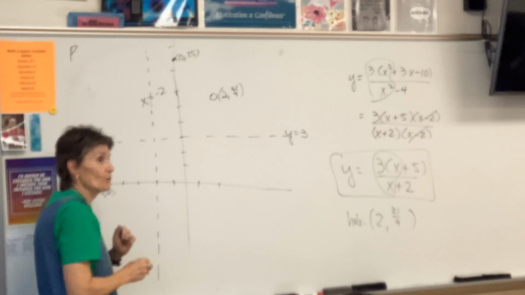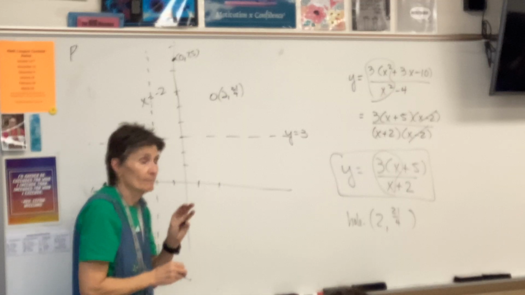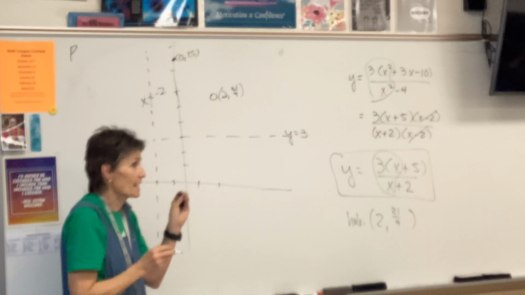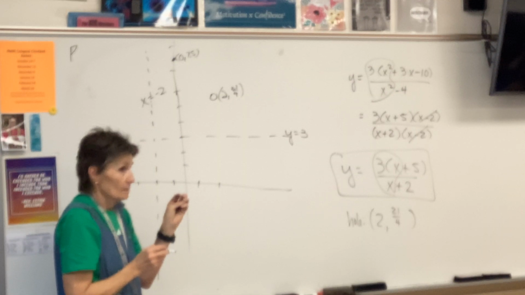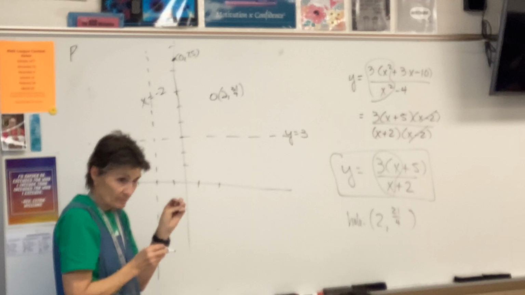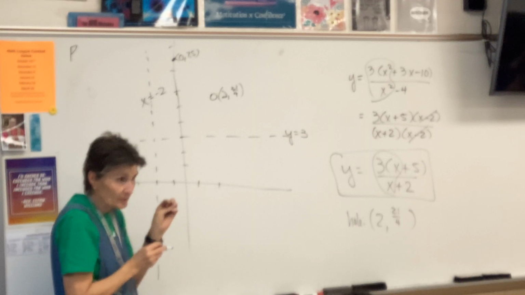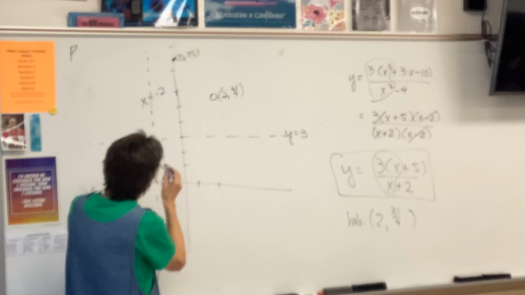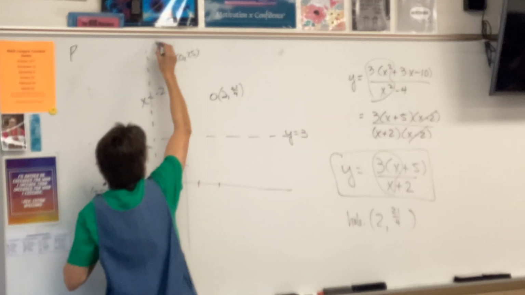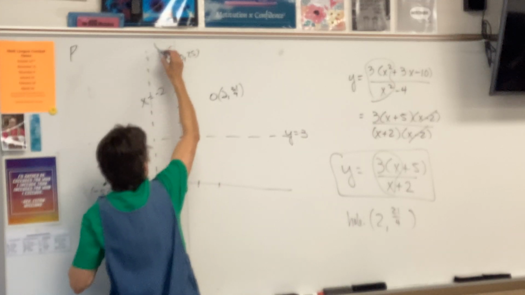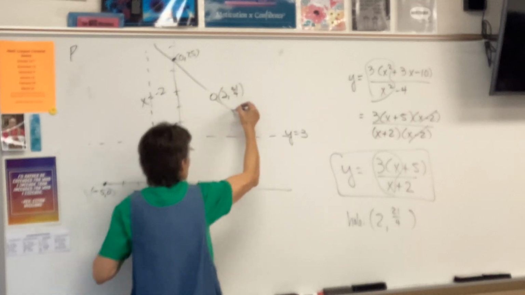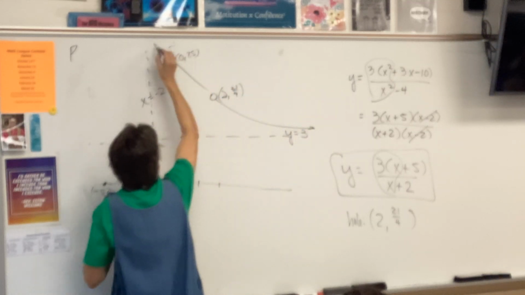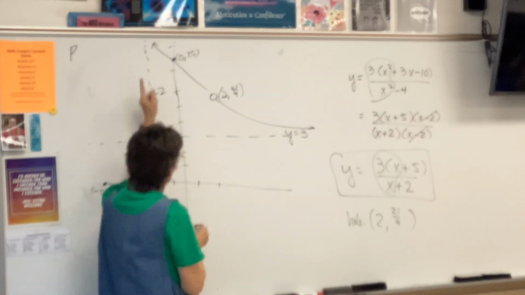Alright, so you're going to need to list all that stuff, or at least some of it, whatever the questions ask. Everybody good? Then you have to sketch it. So looking at what we have, and knowing what the shape is going to look like, can you see this kind of? Yep.